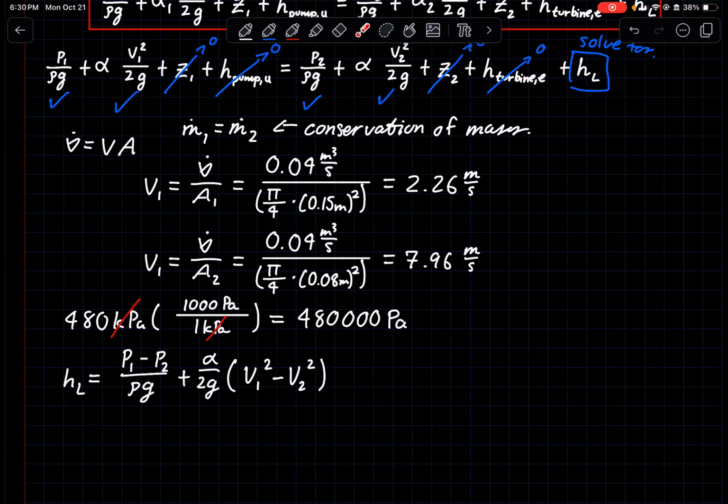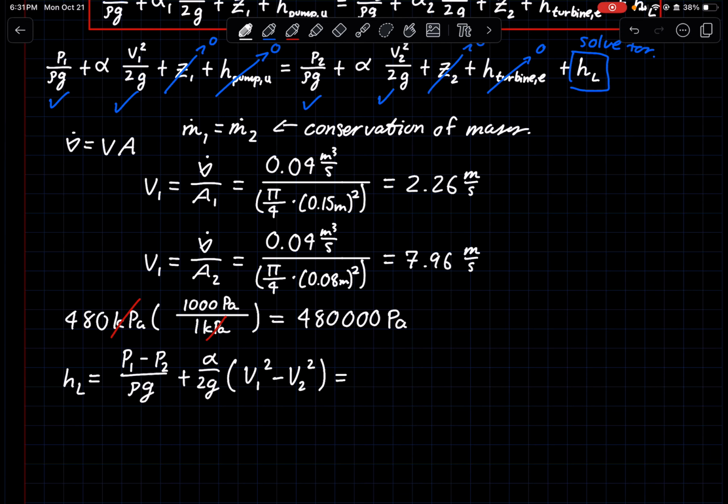Again, just subtracting this and this from both sides of the equation. Our alphas are the same now, so that's why I put them over here. Our 2G's, I just factored those out from underneath the velocities, and now we can just plug in.